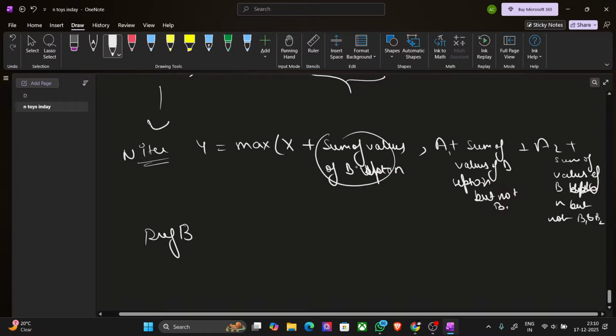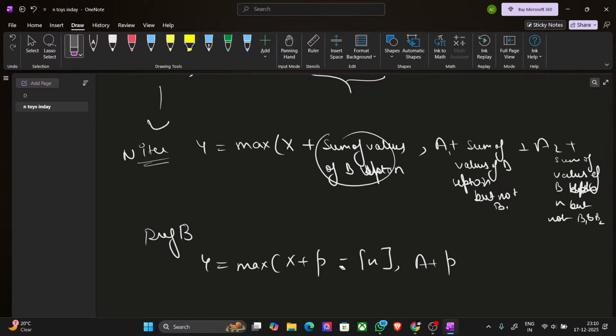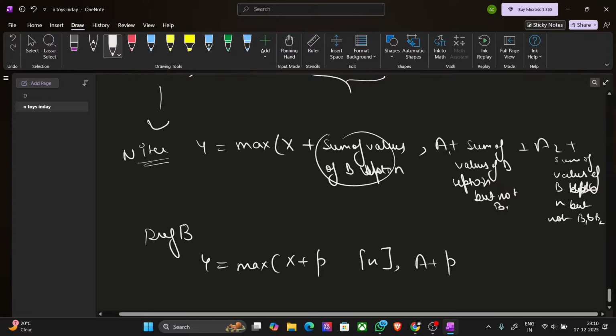So I can write the formula as y is equal to max of x plus prefix of b up to n, comma a1 plus prefix, let's write it as pb.